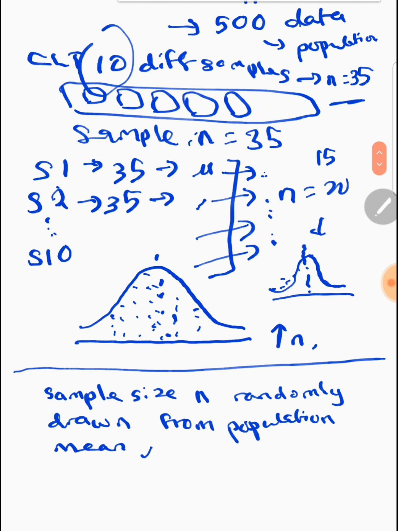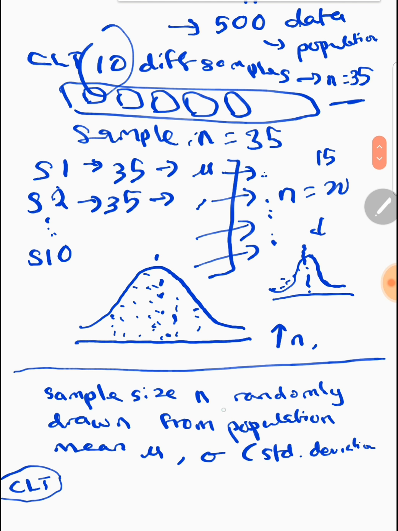By now you are very familiar with the symbol mu and the symbol sigma, because sigma is the standard deviation. So this is according to your central limit theorem.